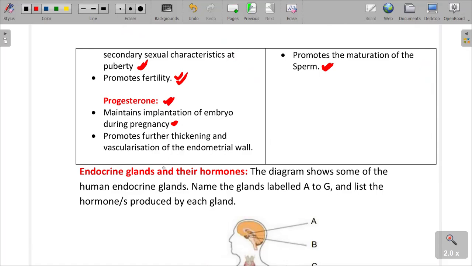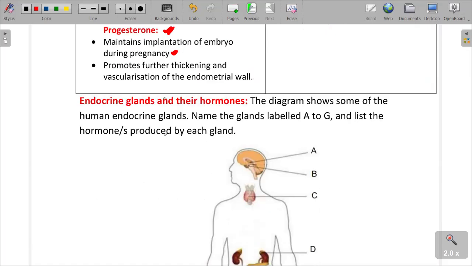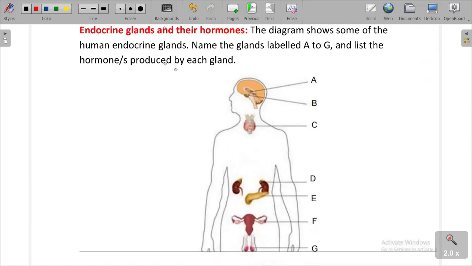So in conclusion, class, just take note of this. There is a question where you are given human endocrine glands labeled A to G, and you list the hormones produced by each gland. We need not make mistakes. We must understand them and give good answers to that.